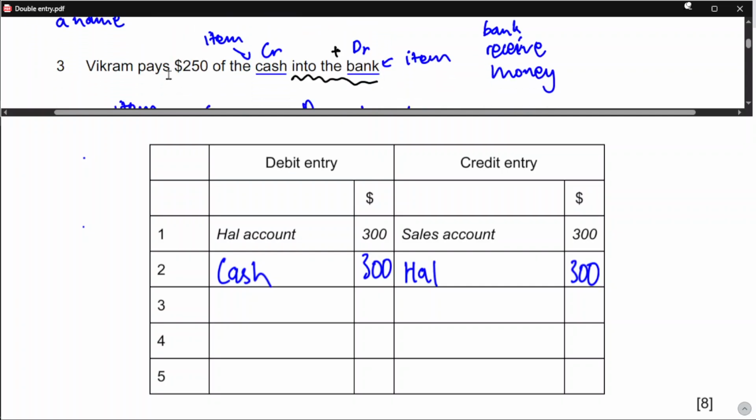Okay, now let's go to the next line. Credit cash, debit bank, 250.